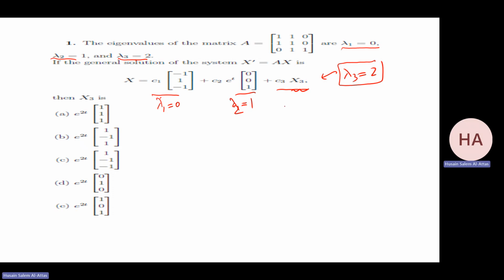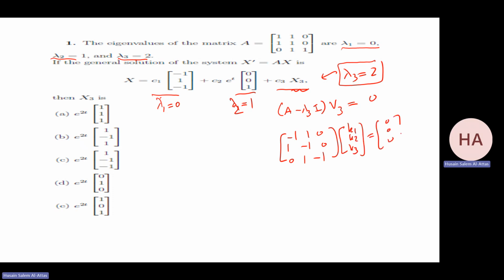So I have A minus lambda 3 I times V3 equals 0. So it's minus 1, 1, 0; 1, minus 1, 0; 0, 1, minus 1 times K1, K2, K3 equals 0, 0, 0.